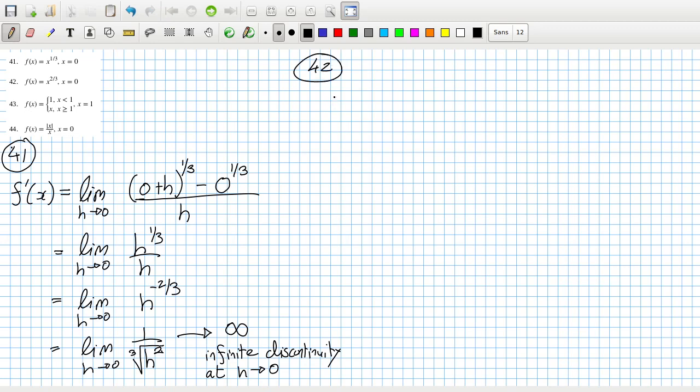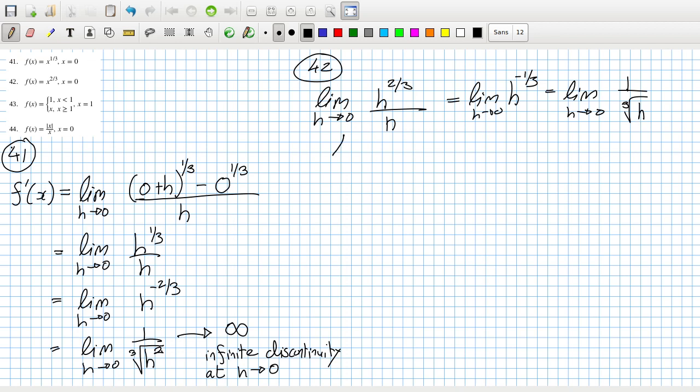Well, it's pretty much going to be the same thing, isn't it? The limit as h tends to 0 of h power 2/3 minus 0 over h, and that will equal the limit of h power minus 1/3, h goes to 0, which is the limit as h goes to 0 of 1 over cube root h.